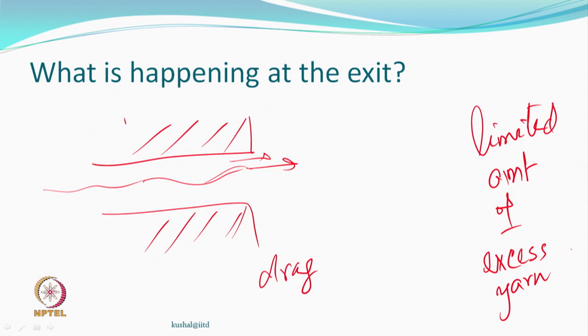And it is going to be pulled, and if it is pulled harder, the tension would be higher. Higher is the tension at the exit.